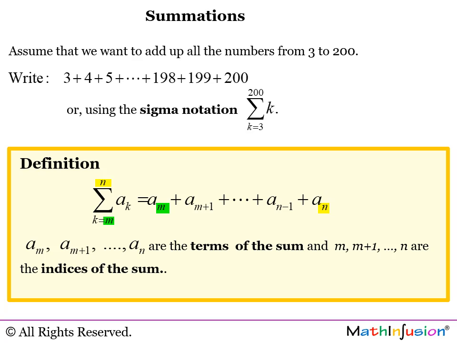All the a sub m, a sub m plus 1, etc. are the terms of the sum, and m, m plus 1, m plus 2, and etc. till n are the indices of the sum.